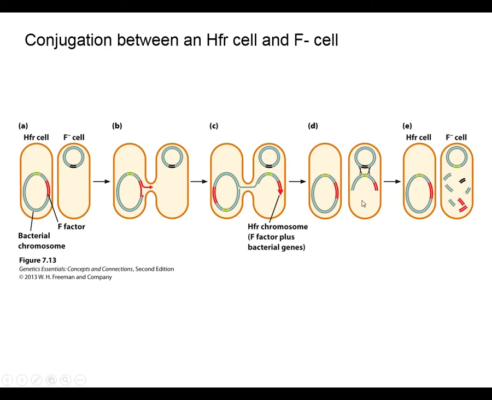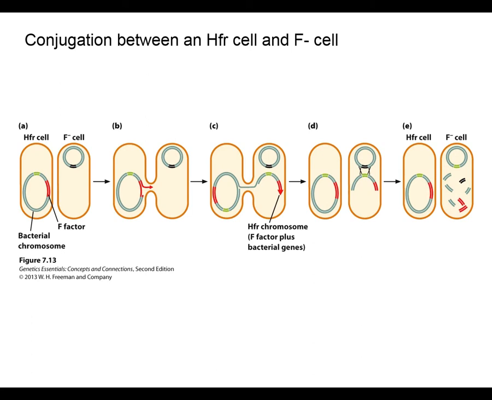You won't see anything happen. But it does happen rarely, it's possible for the section of the donor chromosome to integrate onto the recipient chromosome, and you can have a recipient that changes genotype for a gene. Now the cell stays F- because the entire F plasmid doesn't get transferred.